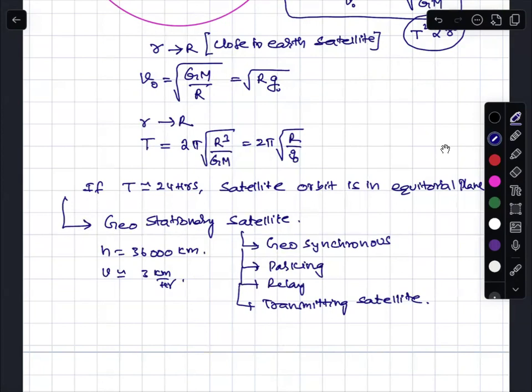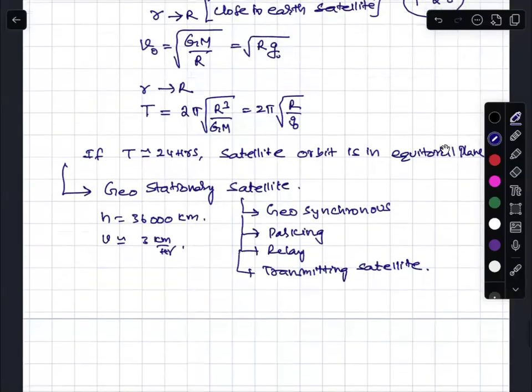But when I say that it is a geostationary satellite, its orbit must be in the equatorial plane. And the sense of rotation of Earth and the sense of rotation of the satellite must be the same. The Earth rotates from west to east, so a geostationary satellite also will rotate from west to east.